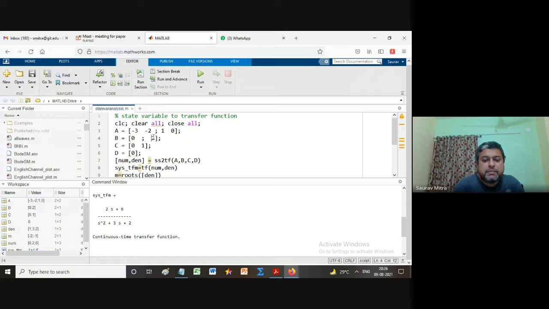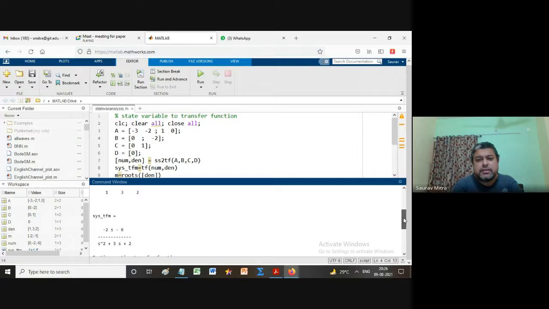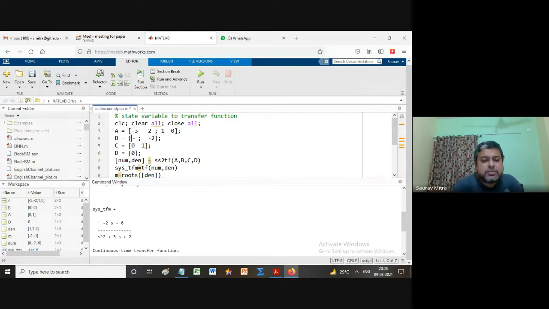If you make the B matrix negative, let's see how it affects the transfer function. When the B matrix is negative, the characteristic equation is still the same, you can find. So whenever I change the B matrix, it does not change the characteristic equation. The characteristic equation is the same, s square plus 3s plus 2. And this 0 you can also make 1, and let's see how it changes.